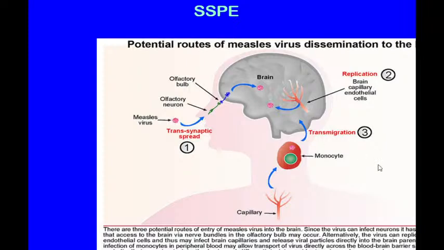The second way, the virus can replicate in the endothelial cells of blood vessels, and thus it may infect brain capillaries, and the virus particles will be released directly into the brain. And also, the measles virus may infect monocytes in the peripheral blood, and the monocytes may transfer through the BBB and cause the infection of the brain.